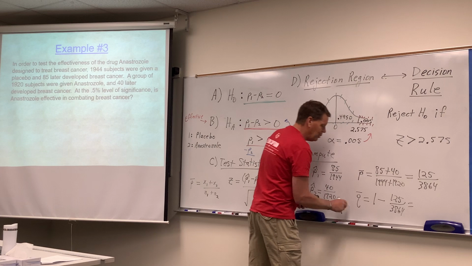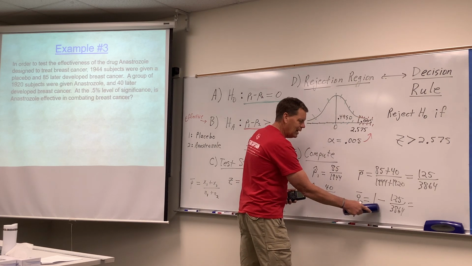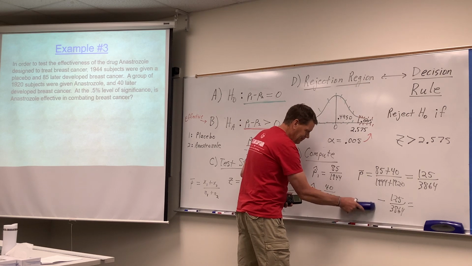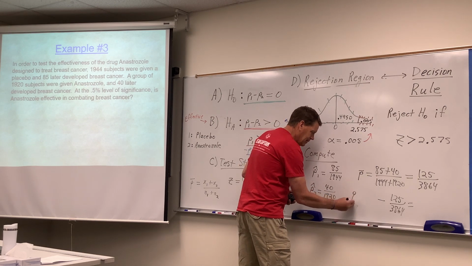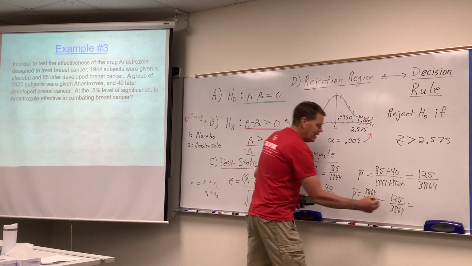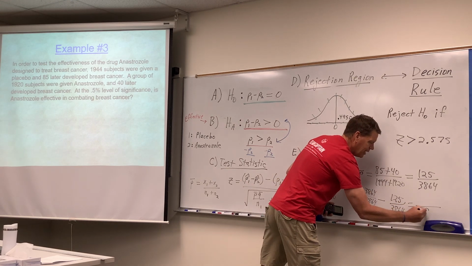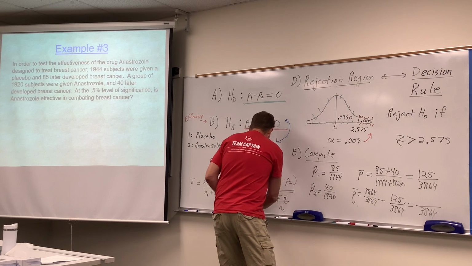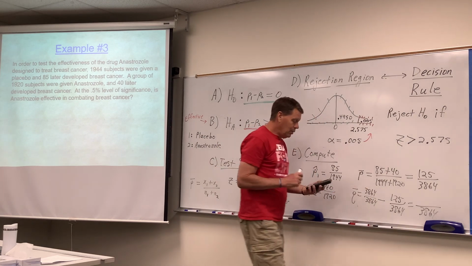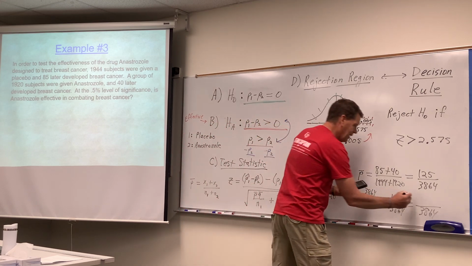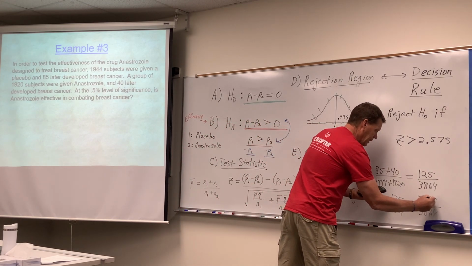And in the interest of space, we'd want to change the 1 into 3864 over 3864. And so basically, out of the 3,864 total women who participated in the study, this would be the number of them who did not develop breast cancer: 3,739.